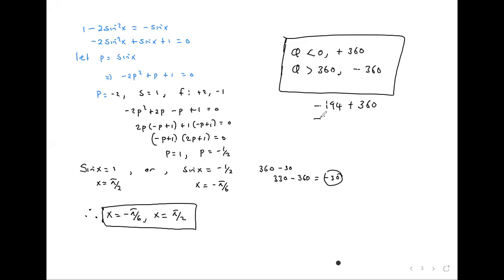For example, if it's negative 481, we add 360 and still get a negative answer. We add 360 again until you get a positive answer between 0 and 360. If the number given is 481, bigger than 360, and the question forces us to come back between 0 and 360, then we subtract 360.